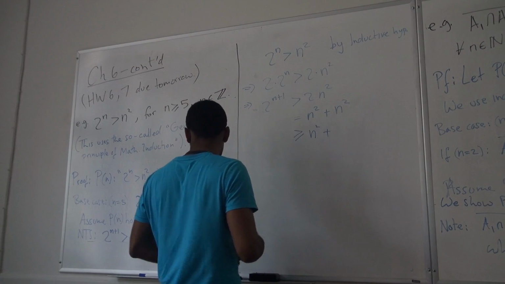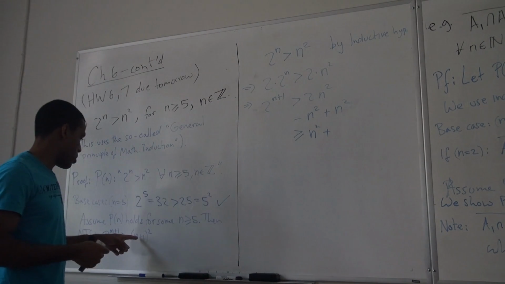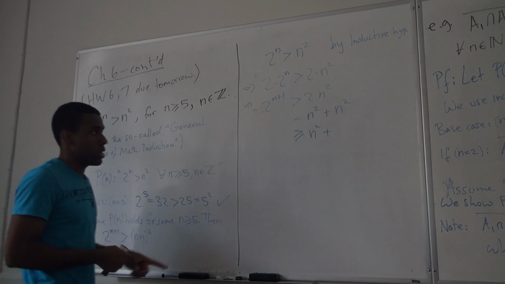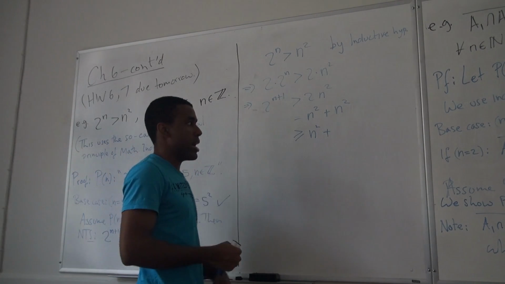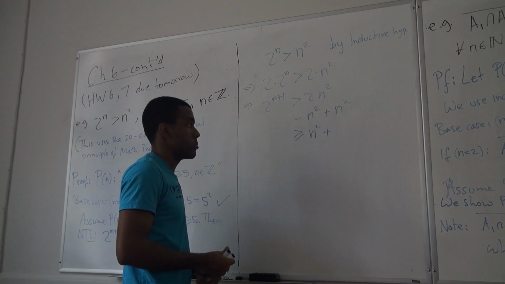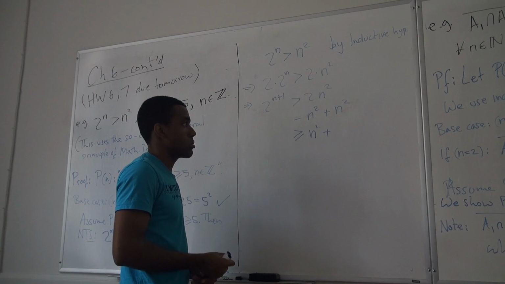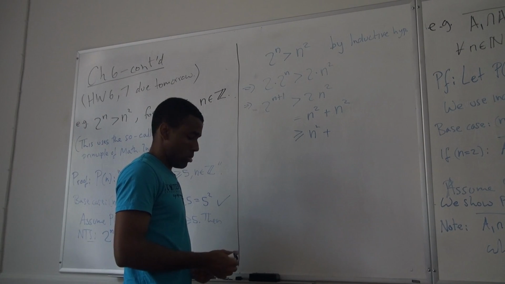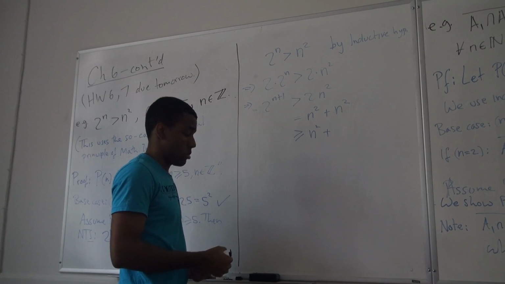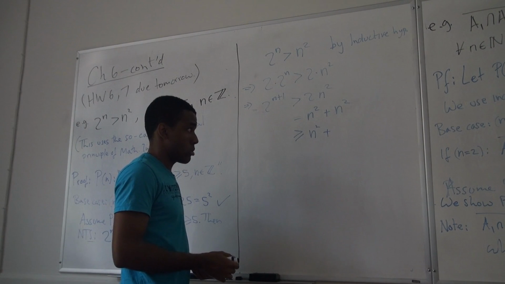2n wouldn't help because I'm going to want n squared plus 2n plus 1. And if I just put a 2n here, adding a 1 is going to be a problem.